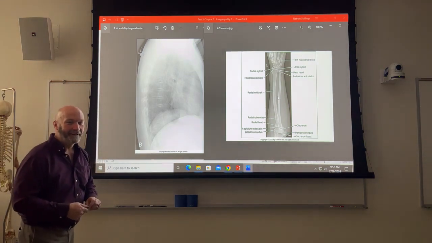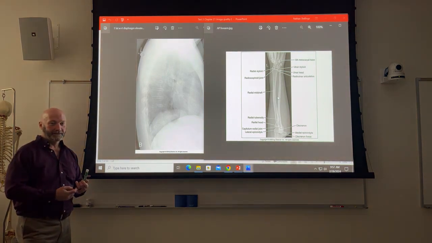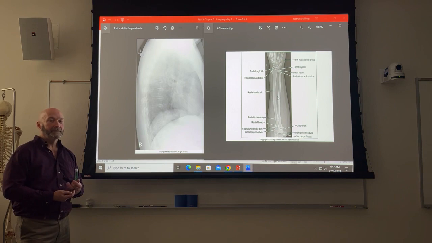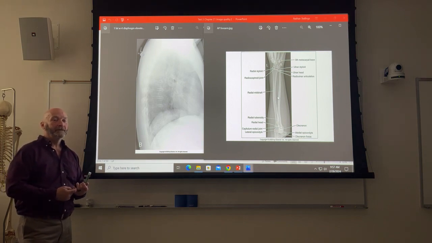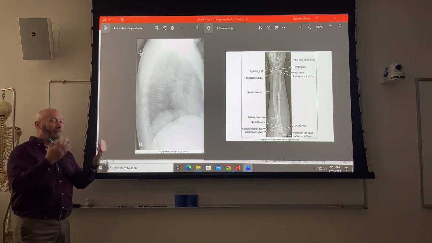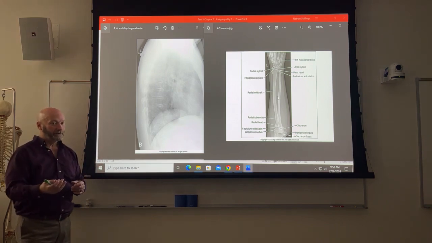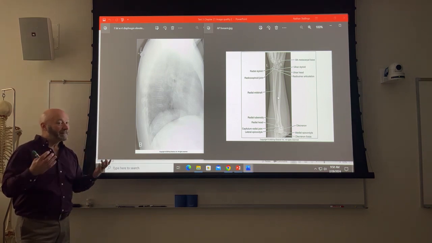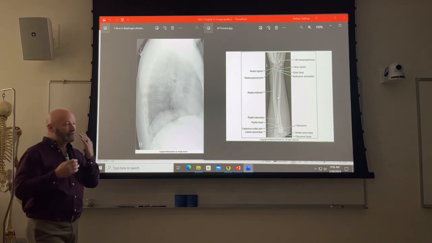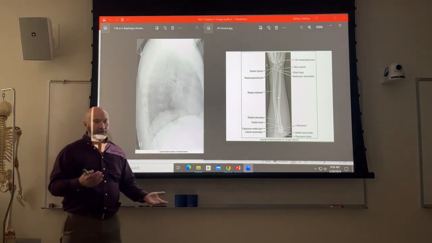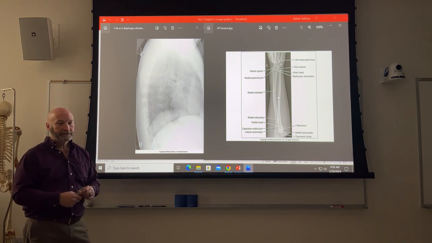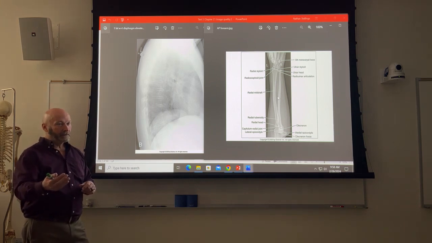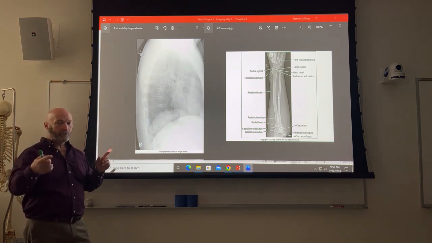So KVP, yes, you increase KVP, but you also increase scatter, correct? Does that not affect quality of the image itself? You would think, and visibility is still testable, right? Sometimes you get a difference between theory and practice. Theoretically, as you increase your KVP, you create more scatter radiation.